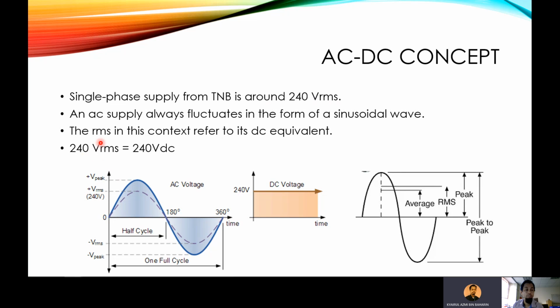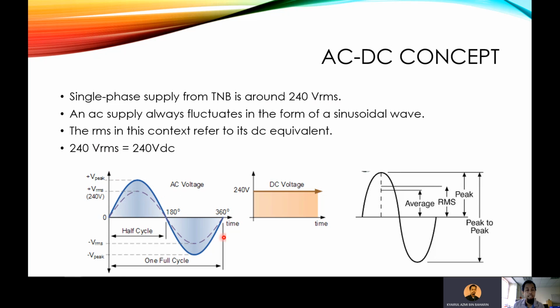Okay, so RMS value allows us to find the equivalent value for AC, the equivalent value in DC. So as you can imagine from the graph here, the 240 volt RMS is going to be the equivalent for 240 volt DC. So the peak value must be higher than the RMS value for it to be able to produce 240 volts.